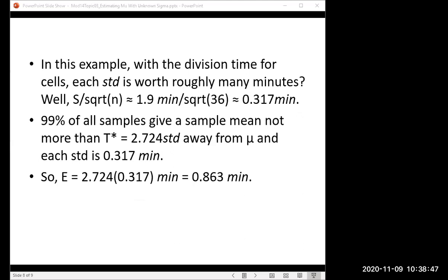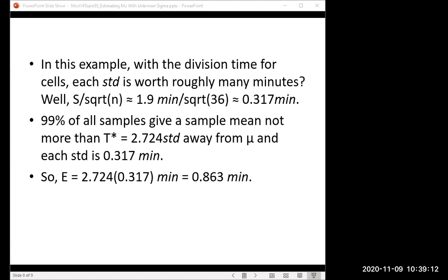So the standard deviation of the sample mean is 1.9 over the square root of 36. So each standard deviation, 1 STD, is worth 0.317 minutes.